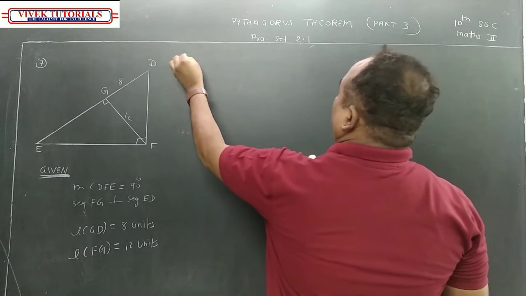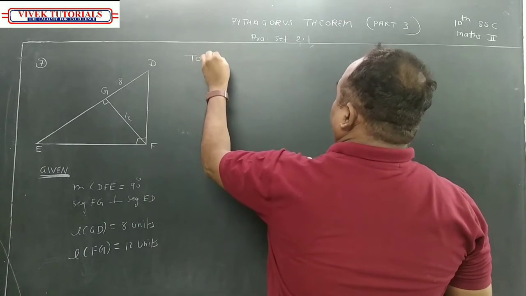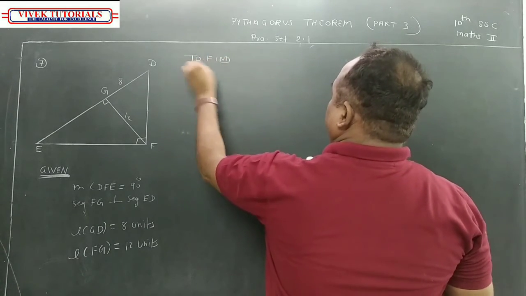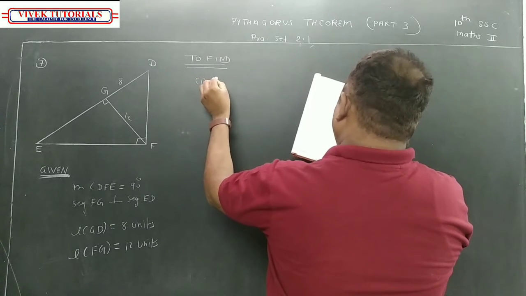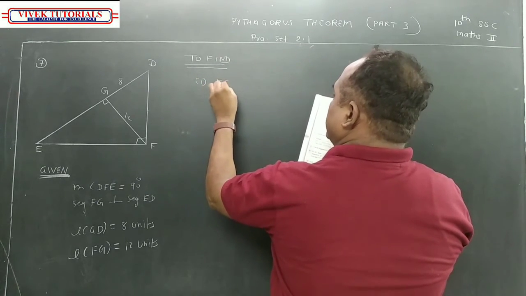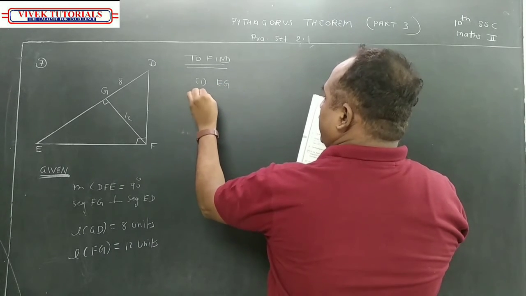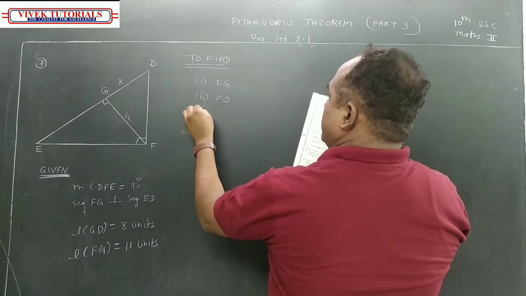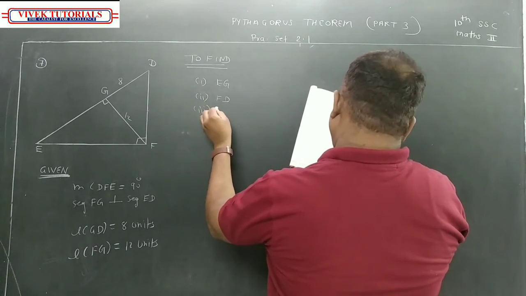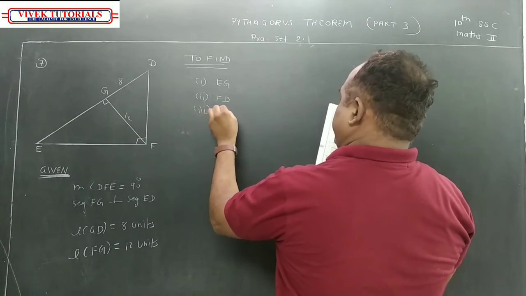Now we have to find first EG, second FD, third EF.